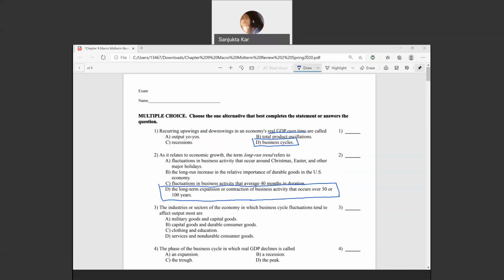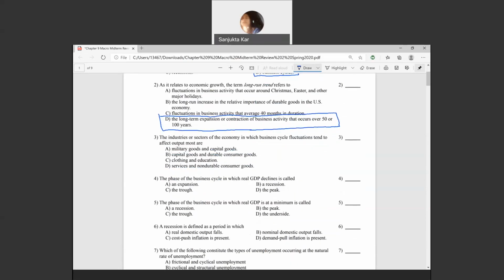All right, then going to question number three here. This is asking which industry or sectors in the economy in which business cycle fluctuations tend to be the most.